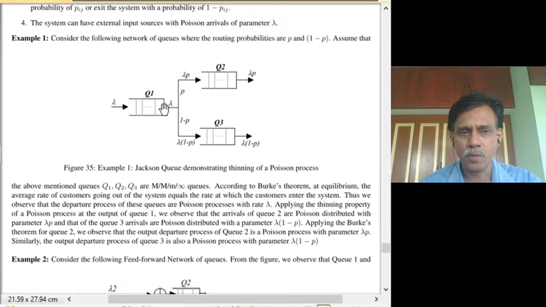So a customer from Q1 doesn't exit; they either go to Q2 or Q3, while customers on completing service at Q2 and Q3 always leave.